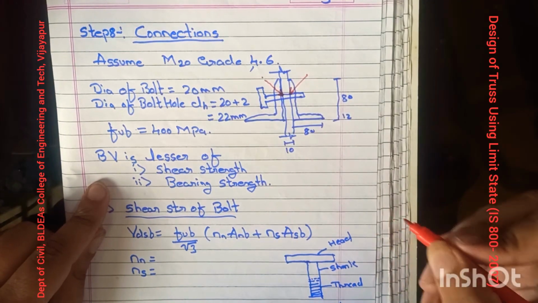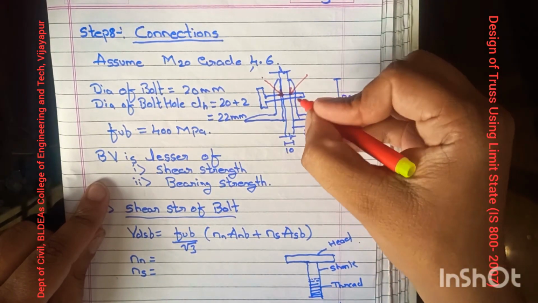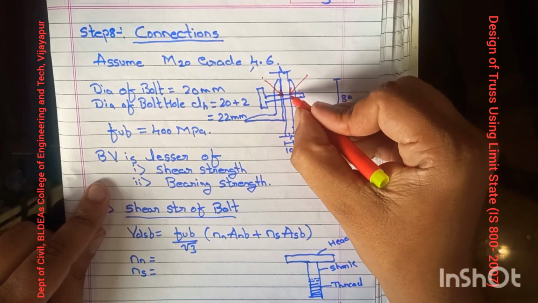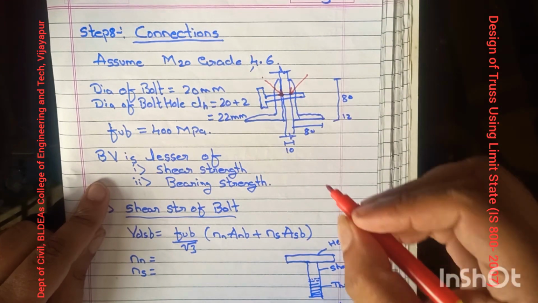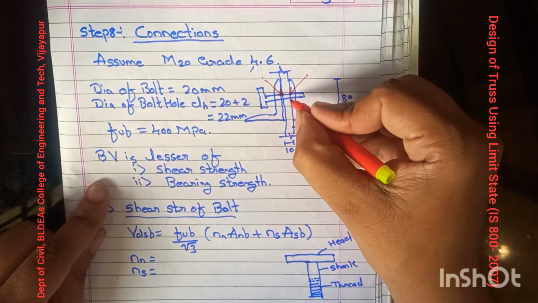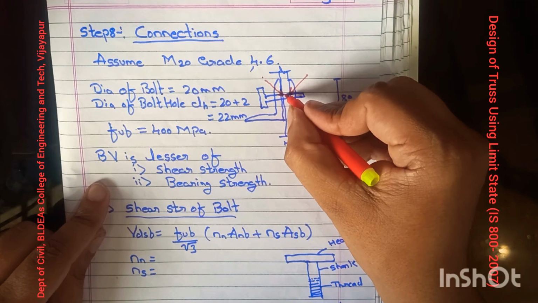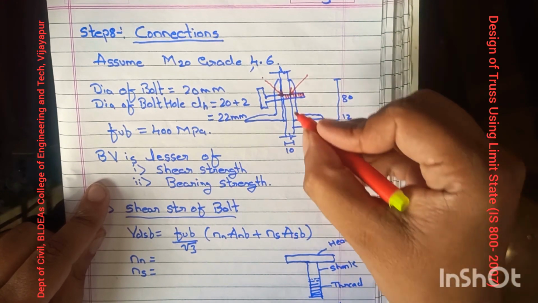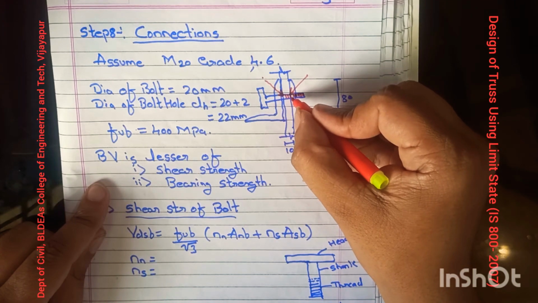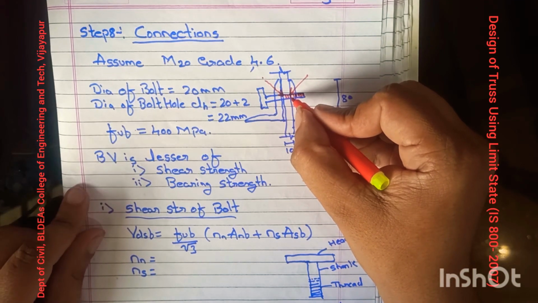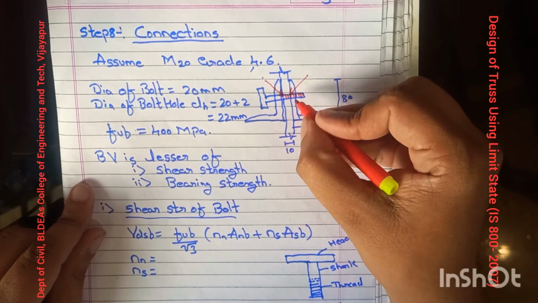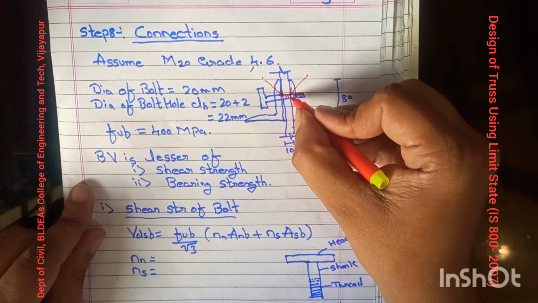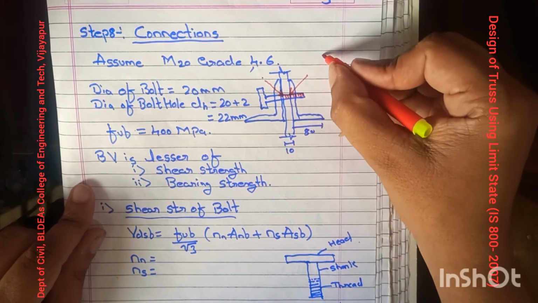In shear, the bolt will cut off. Now when I am providing threads for the bolt, if the threads lie in the area of the shear plane, where the bolt will cut, that means NN is 1.